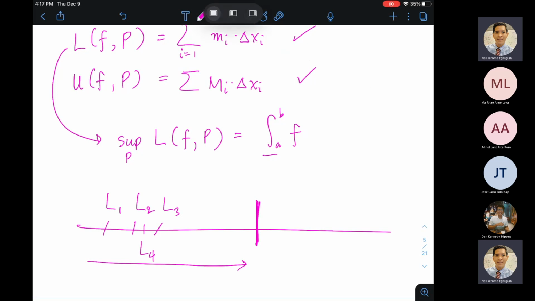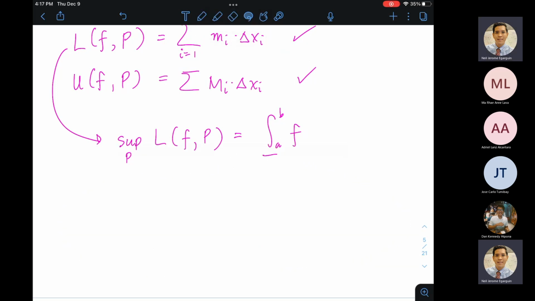Okay? Now, I'll do the analogous thing for the upper sums. This time, masyado namang malalaki yung upper sums. They represent overestimations to the actual area of the shaded region. So, kailangan ko silang paliitin ng konti. Alright? So, ngayon, titingnan ko, ano yung lahat ng possible partition inducers.